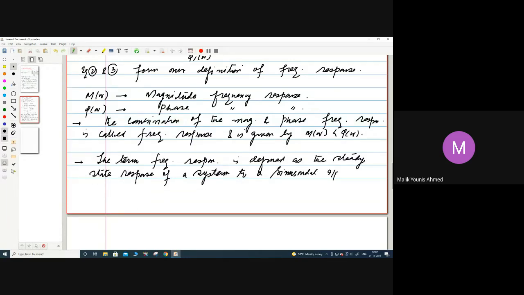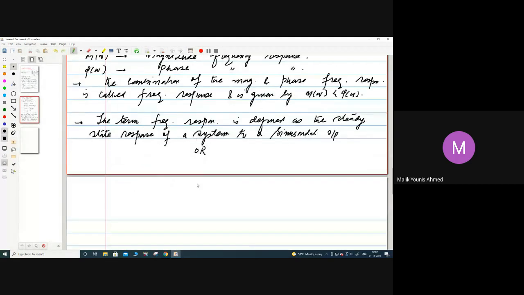This is the definition. It is very simple: whatever the response will be, it will be at steady state. So that response will be sinusoidal, having the same frequency as that of the input. That is called a frequency response.